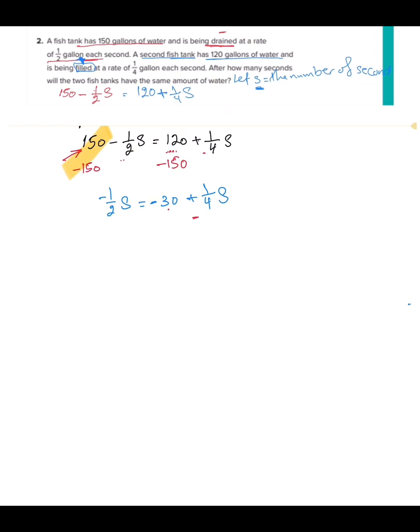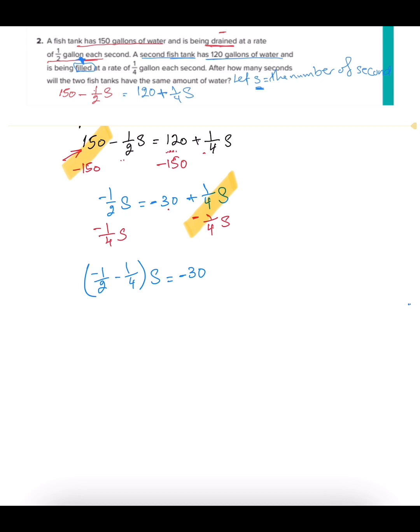To move it, we use the opposite sign, so minus a quarter s on both sides. On the first side we have minus half minus a fourth, both for s, and on the second side we have only minus 30, because minus a fourth s plus a fourth s equals 0.